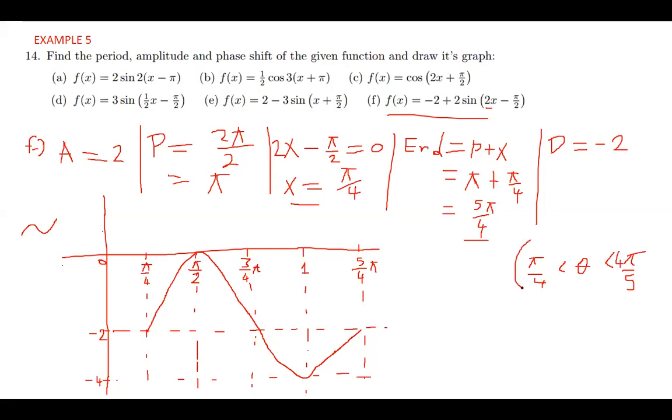This is what would have been given as the domain. Meaning they are telling you that the graph is starting from pi over 4 up to 4 pi over 5.